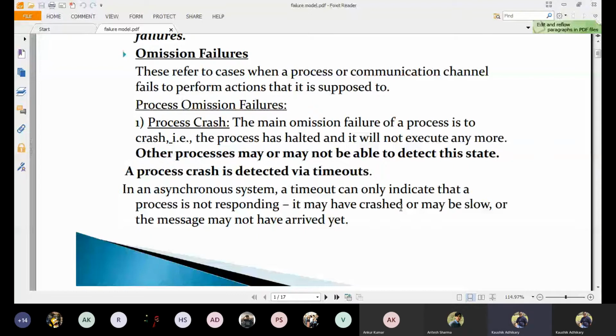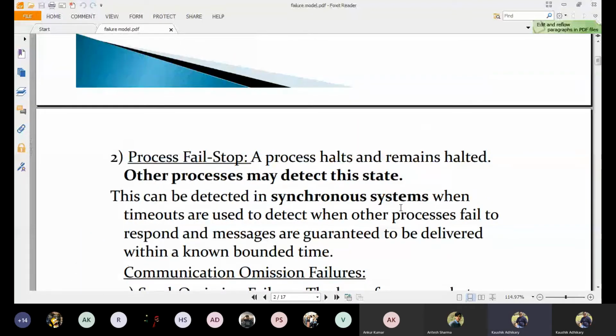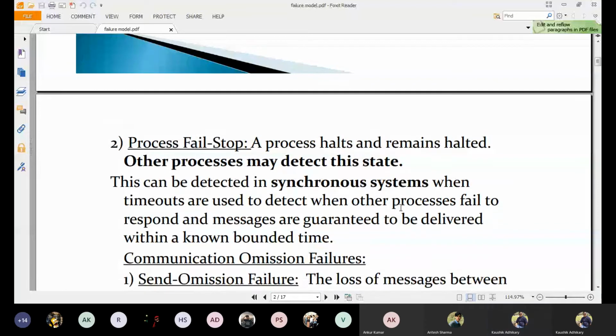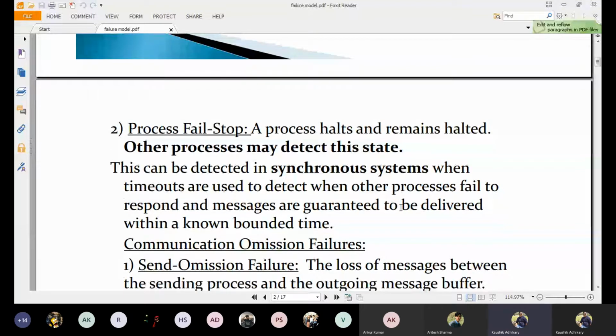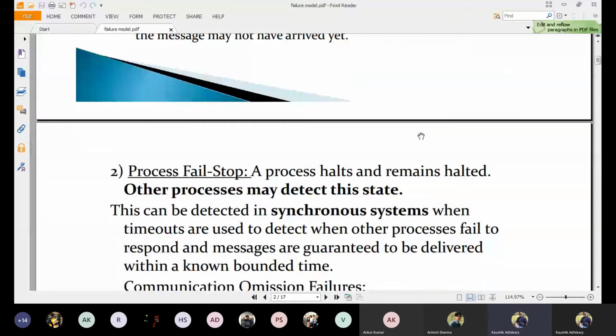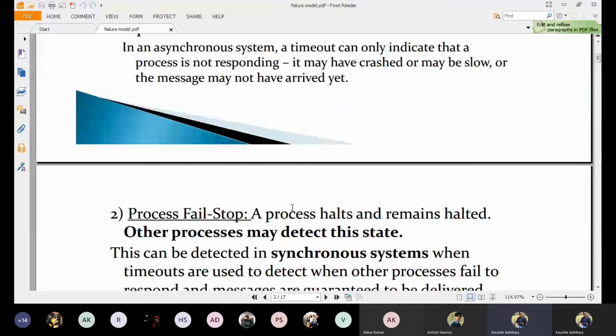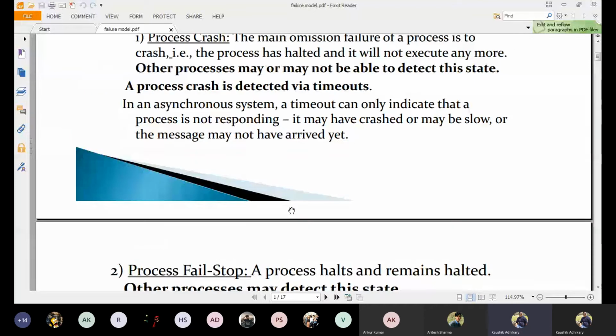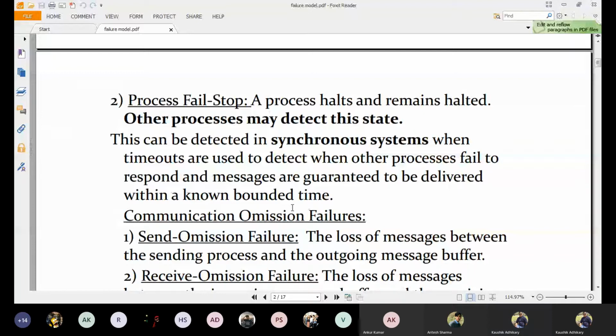The second type is process fail-stop. In this, a process halts and remains halted. The difference between process fail-stop and process crash is that fail-stop happens in synchronous systems, whereas process crash happens in asynchronous systems. In fail-stop, other processes may detect this state.